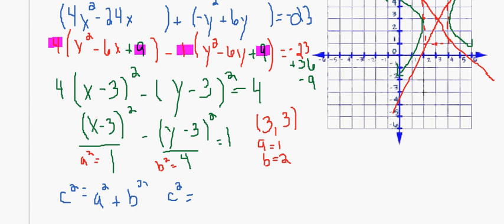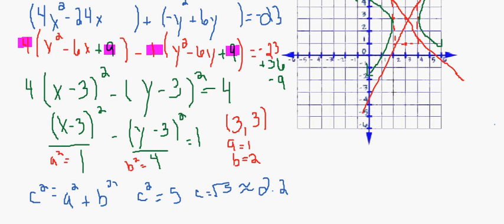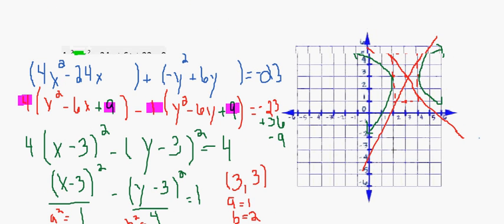So c squared would be 5. C would equal the square root of 5. And again, needing that decimal approximation, the square root of 5 is approximately 2.2. So we have to go 2.2 units either side of our center to find our foci.